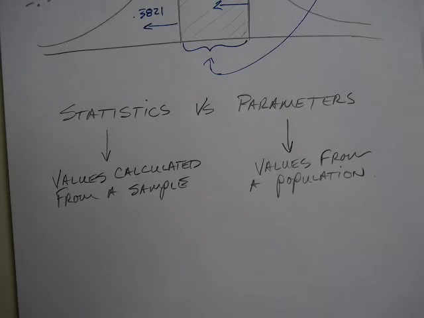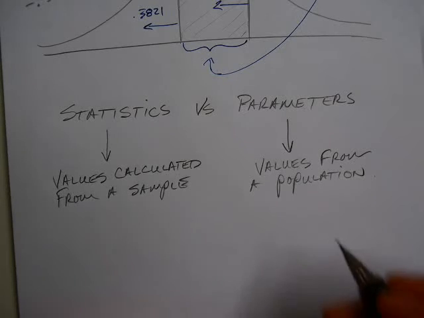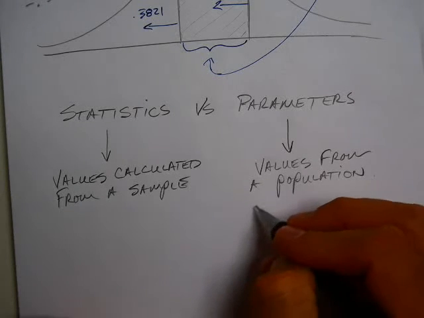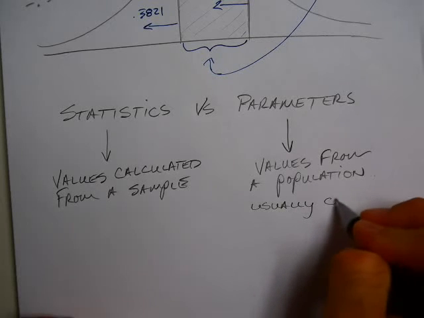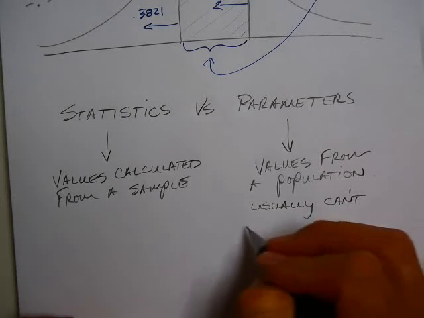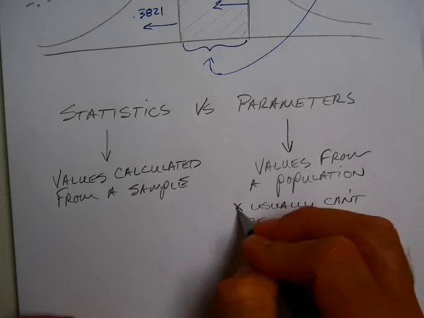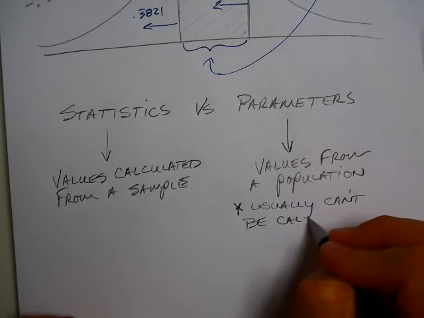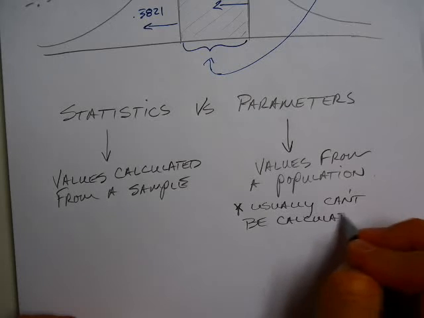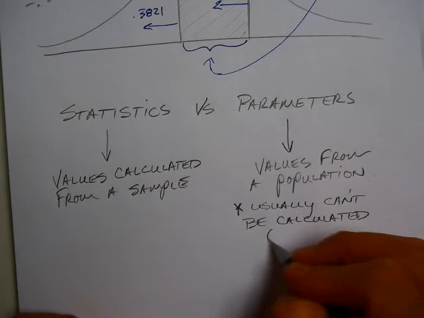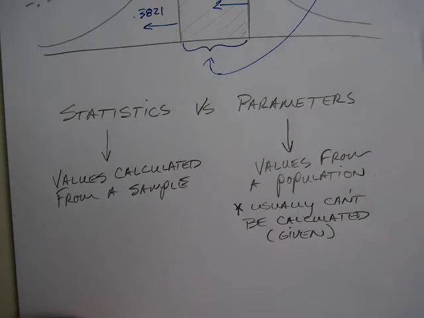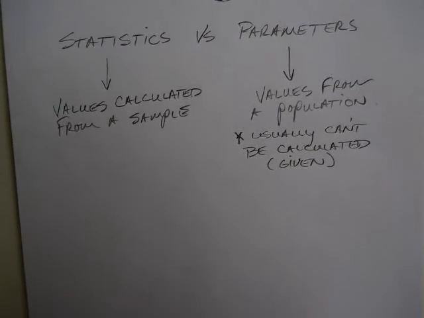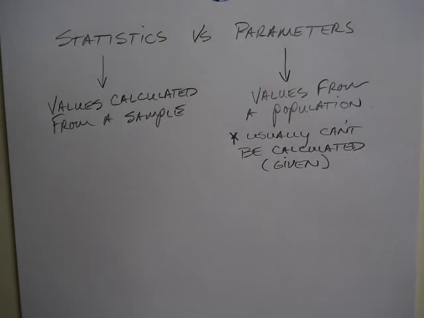So the values from a population usually can't be calculated, which means generally they have to be given. How they're known, well, that's another story all in itself. Sometimes they're not.